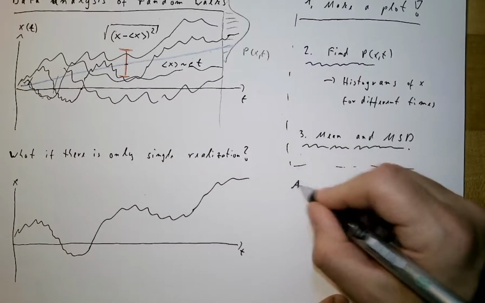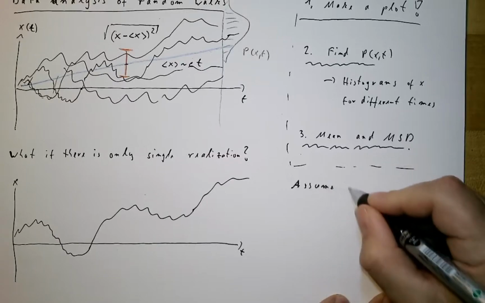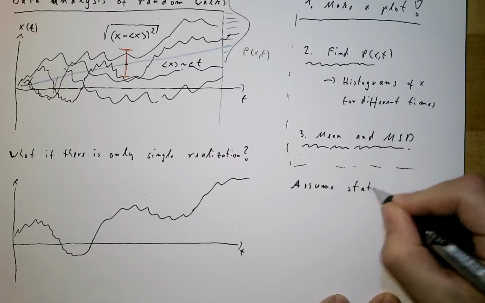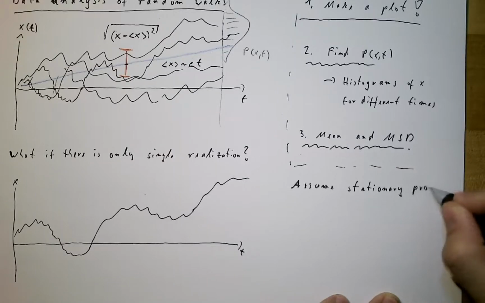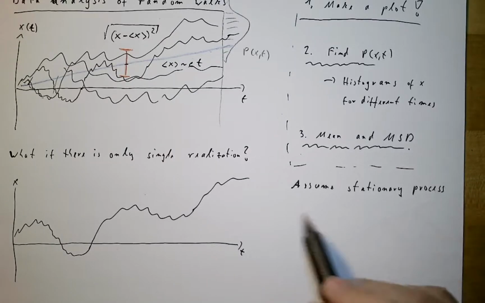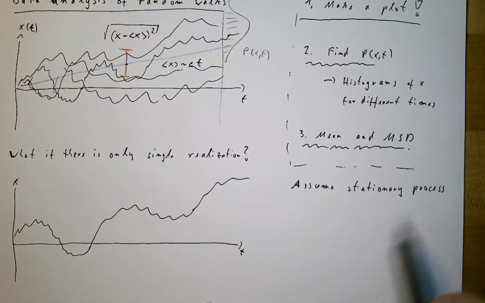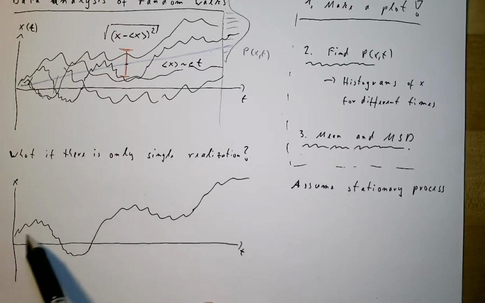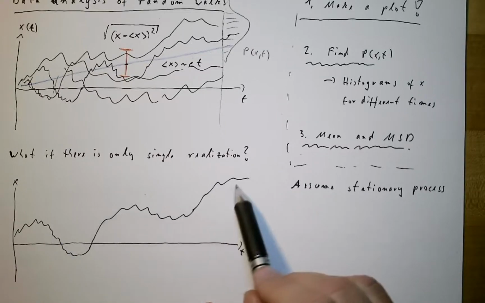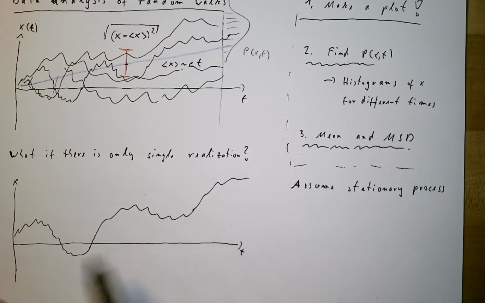So we assume we have a stationary process. And if the process is stationary, this would mean that the properties of the process don't change in time, and then I can average over different positions in time.